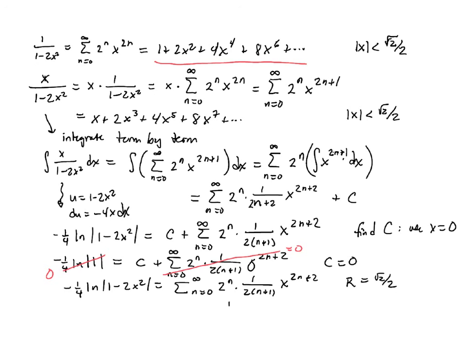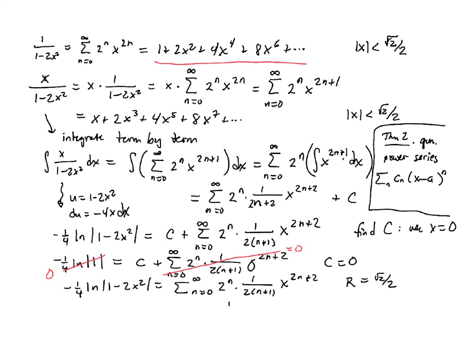Inside the text, for instance, in Theorem 2, let me just write a little note over here. Theorem 2 talks about some rules for differentiating in the general case, where our power series is not centered at 0, but is centered at some number a, right?